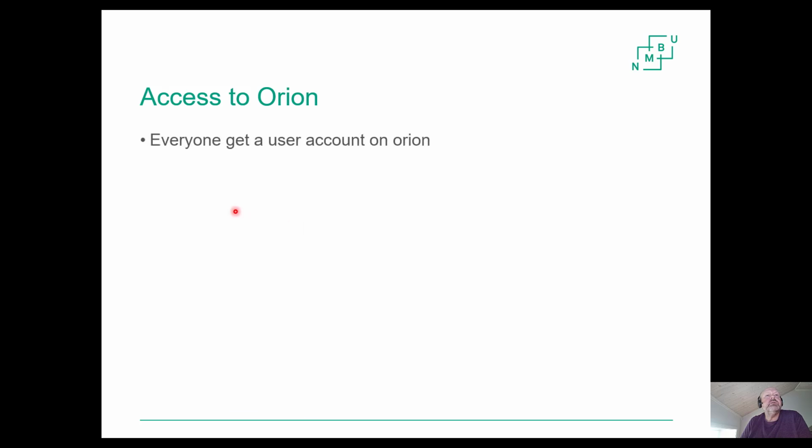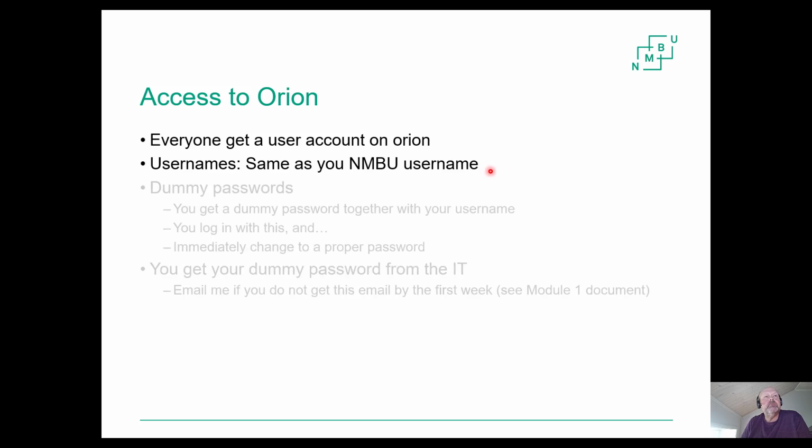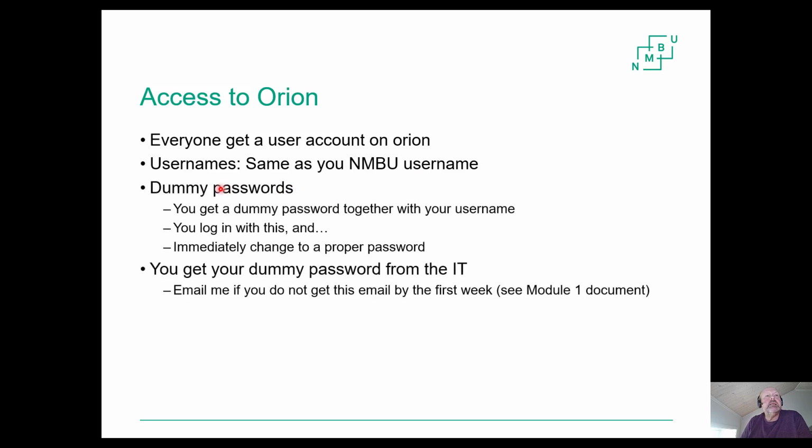So, access to Orion. Everyone gets a user account on Orion, and the usernames are the same as your ordinary NMBU usernames this year. It's different from previous years, but this is how the IT department wants it this year. Then you will get what we call a dummy password belonging to your username.